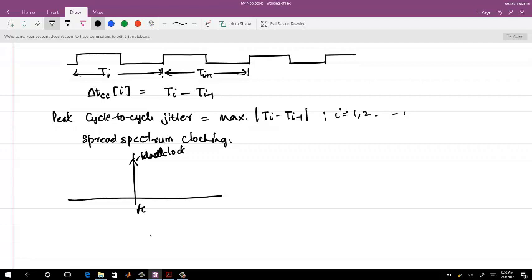This is the spectrum of an ideal clock. Whereas for a spread spectrum clock, you will have some kind of variation. The whole clock power is not in one particular tone, but the clock is varying. In time domain, you actually vary the clock frequency.